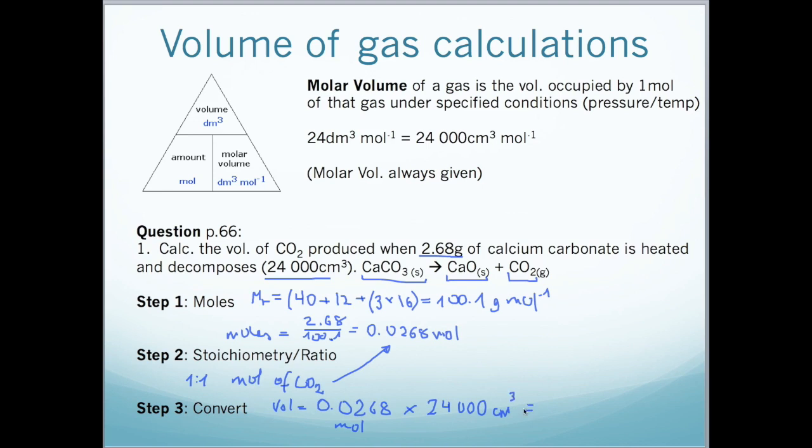So when we multiply those two values, we get 643, and this one, sorry, is mole 1. So the moles cancel each other out, and we get 643 cubic centimeters of carbon dioxide. Okay.